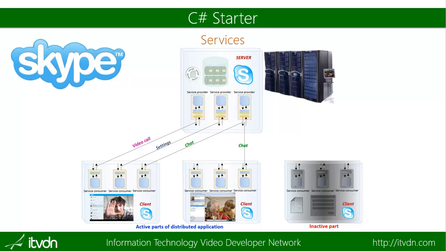So, let's imagine the client in the middle is client 1 and the client on the left is client 2. If client 1 sends a message to client 2, the message will first go to the server, it's then processed, and then sent to client 2, and vice versa.